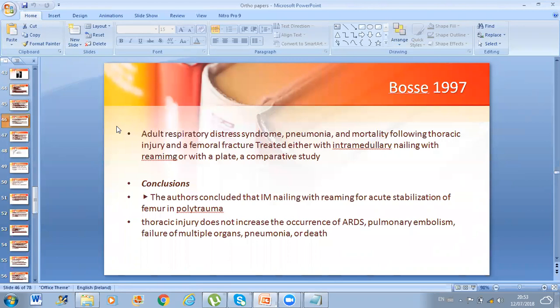Before this, we were doing unreamed nails to avoid ARDS. After this study, he said you can put a reamed nail and it will not cause ARDS, unless you neglect the other markers like the base deficit, urine output, vitals, and these things. So it will not cause a second hit.